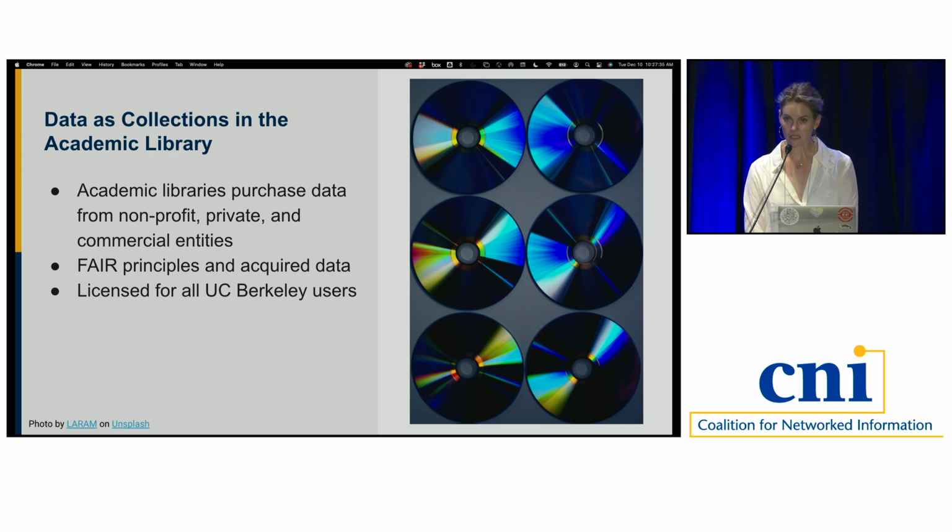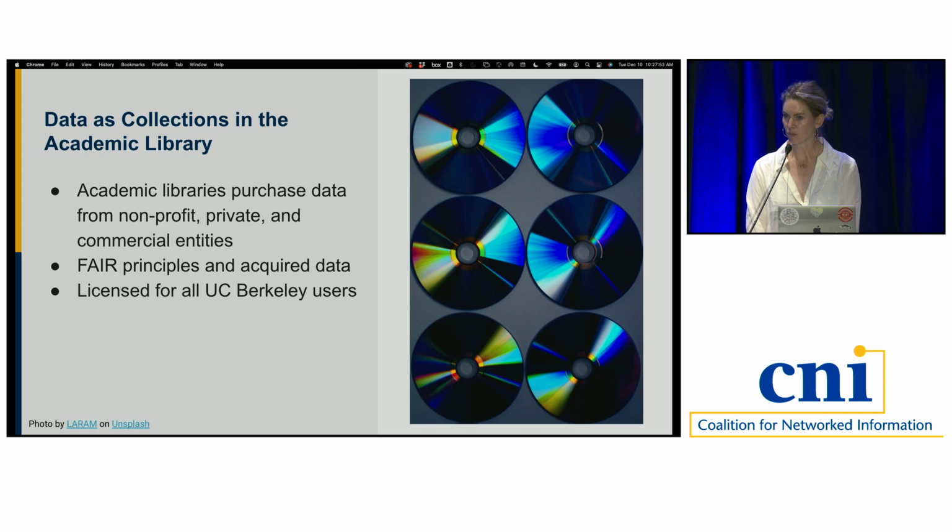And because this information type provided by libraries is newer, we've had to develop workflows for how to license, acquire, store, and make them discoverable with the same technological infrastructure that we use for monographs, journals, ebooks, et cetera.